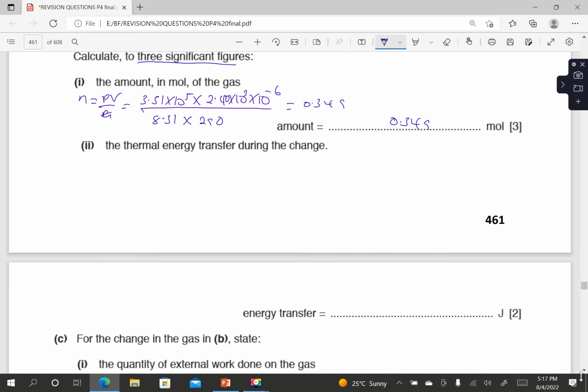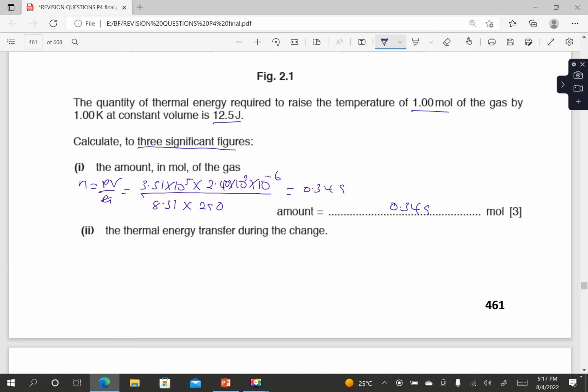Then the thermal energy transferred during the change. For every 1 mole, it requires 12.5 joules to raise the temperature by 1 Kelvin.